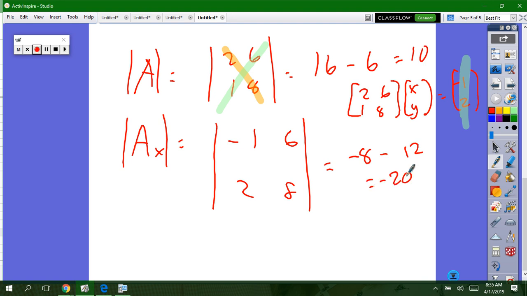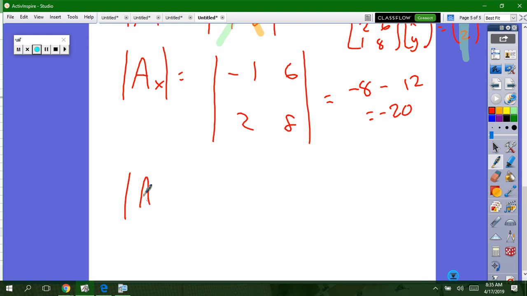Okay, let's try and find matrix AY here. What do you guys think that means? You're going to put the result and substitute it into the y column. Does that make sense to everyone? So I have 2, 1, negative 1, 2, I believe. Is that correct? You guys see how I put the answers into the y column because I'm looking for y.